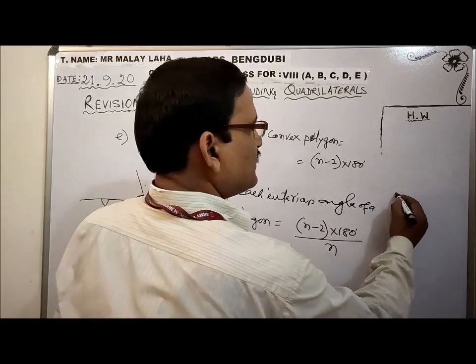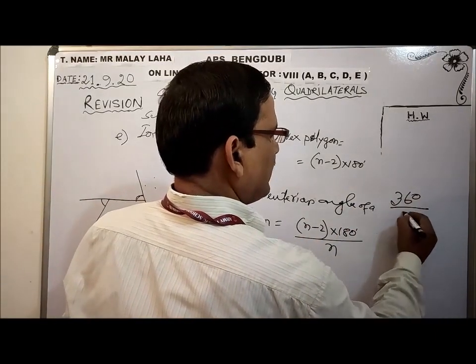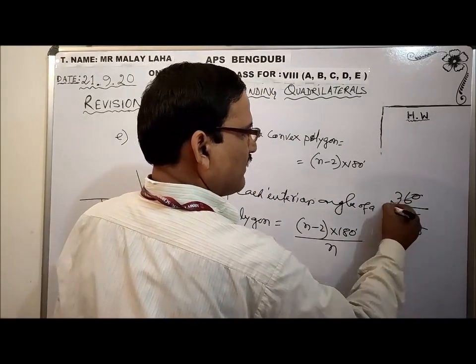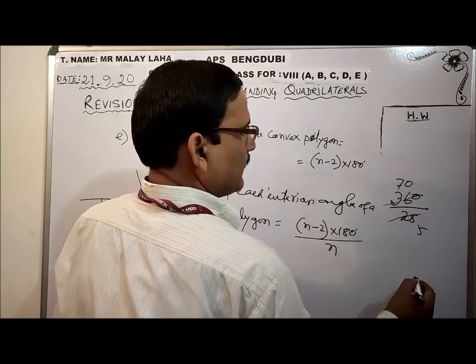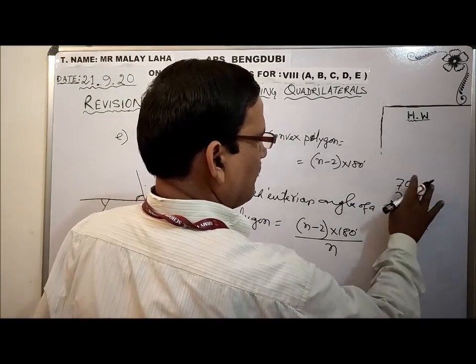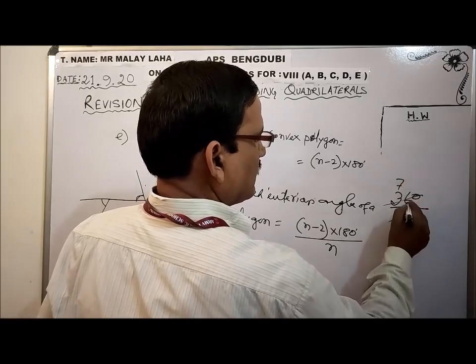Now 360 degrees divided by 25: if you cut, it is 5, then 7, 35, and then 2.